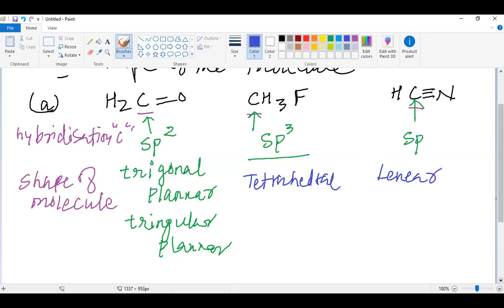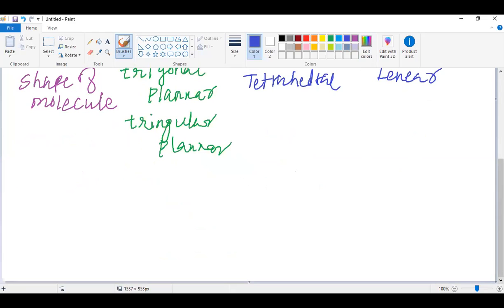Now, my dear students, in the last period we have even studied about the pi bond. So let us revise and understand the various characteristics of pi bonds.